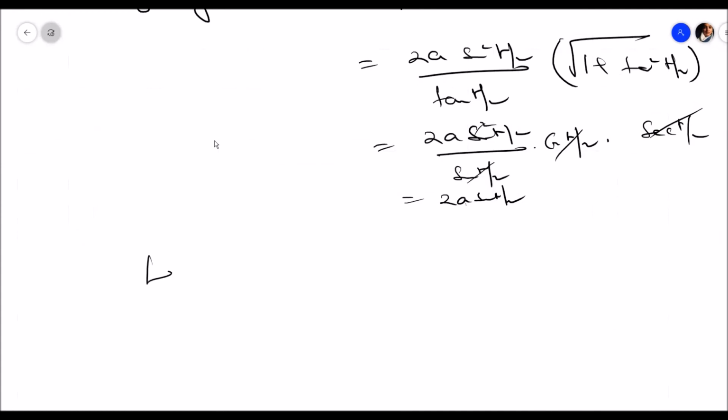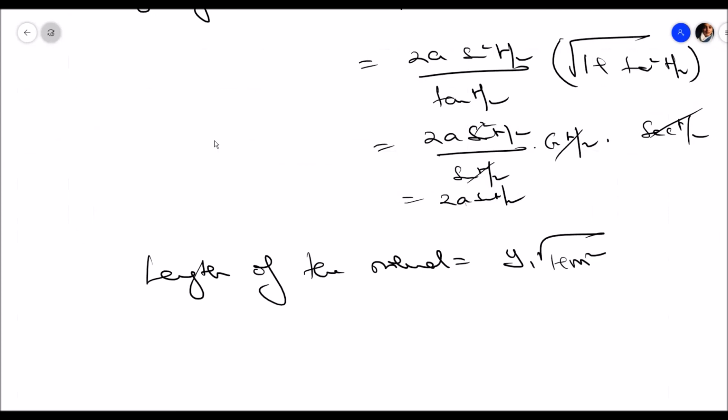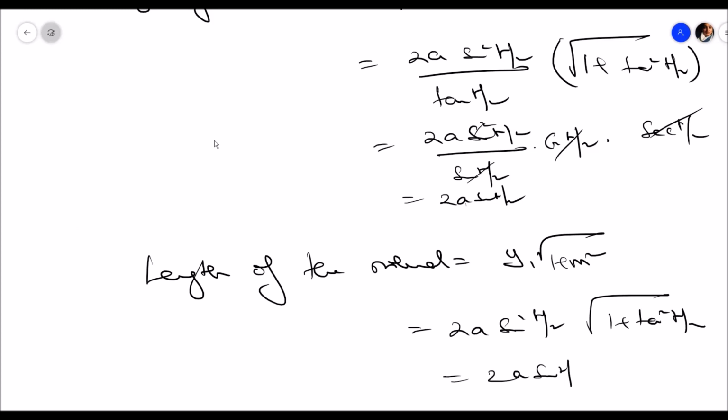Similarly, you can find out the length of the normal, which is equal to y1 root 1 plus m square, right? So this part won't be there. So that's 2a sine square t by 2 into root over 1 plus tan square t by 2, which is of course equal to 2a sine square t by 2 into secant t by 2.